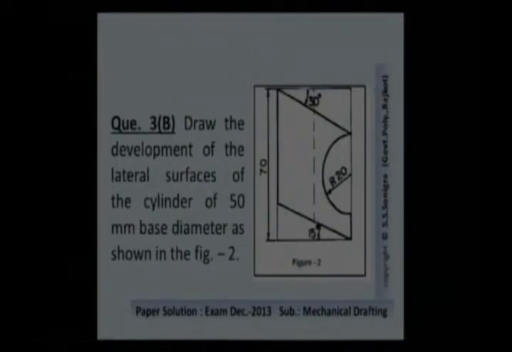The height of the cylinder is given as 70 mm, diameter is given as 50 mm, and two cuts are given here. One cut is at an angle of 30 degrees and another is at an angle of 15 degrees, and an arc is cut with radius 20, and we have to develop the lateral surface of this solid.